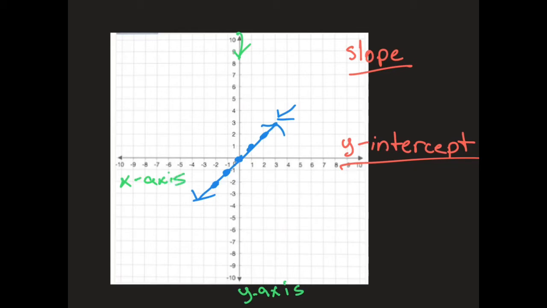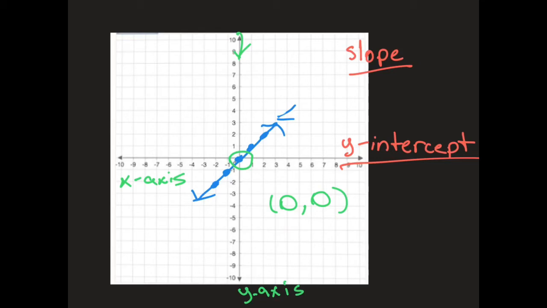So every graph has a y-axis and an x-axis, and the y-intercept is where the line on the graph intersects with the y-axis. In this case, that point would be 0, 0, or the origin of the graph, because 0, 0 is where the blue line intersects with the y-axis, therefore making it the y-intercept.